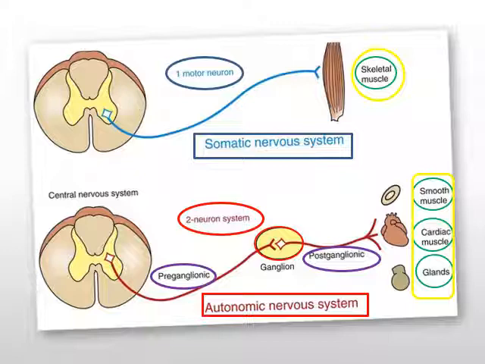The afferent fibers of the somatic nervous system relay in the dorsal horn cell. That's to say, their efferent arises from the anterior horn cell, while the afferent of the autonomic nervous system relays on the lateral horn cell. That's to say, their efferent arises from the lateral horn cells or the cranial nuclei. The efferent somatic fibers go directly to the skeletal muscles without interruption and without change in the number of the fibers.